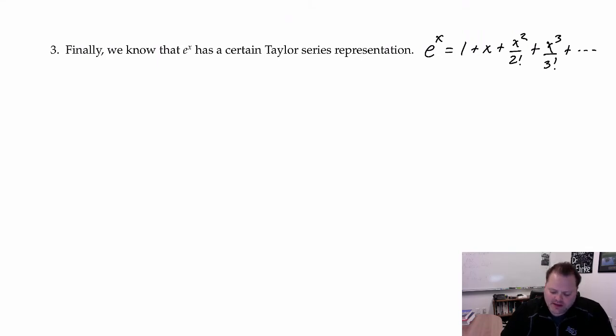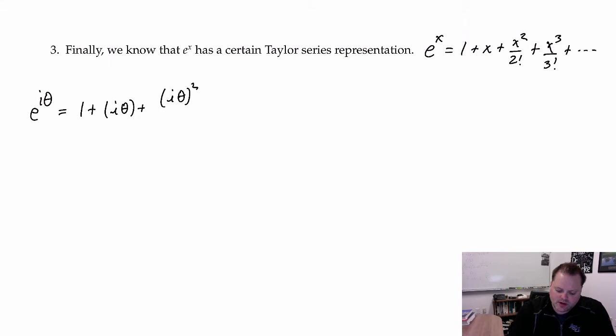So if that is the Taylor representation for e to the x, then the Taylor representation for e to the i theta would be 1 plus i theta plus (i theta) squared divided by 2 factorial plus (i theta) cubed divided by 3 factorial.